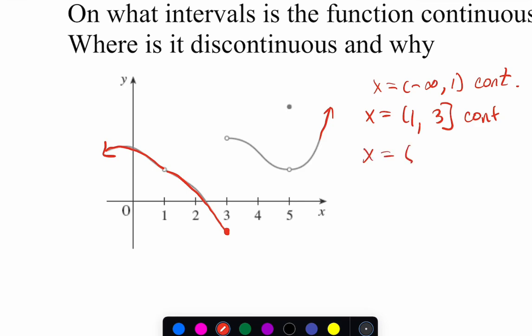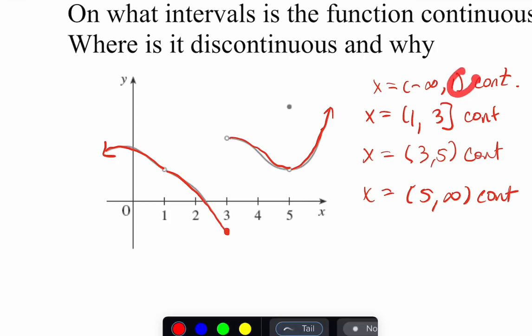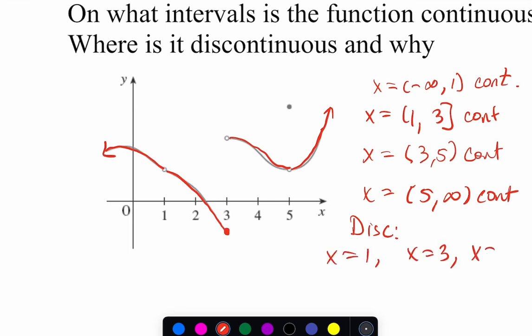And then we have a piece from 3 to 5, and a piece from 5 to infinity. Every place that there is a break, there's a break at 1, at 3, and at 5. So it's discontinuous when x equals 1, x equals 3, and x equals 5.